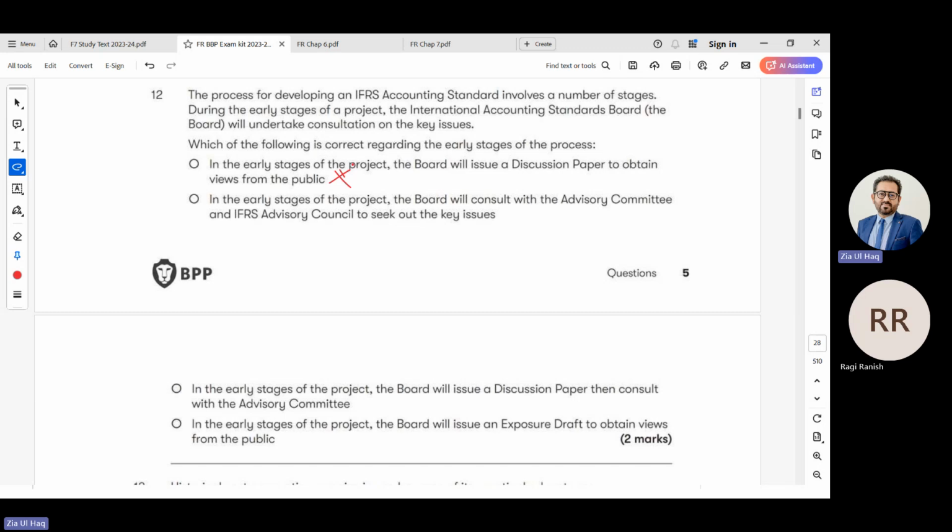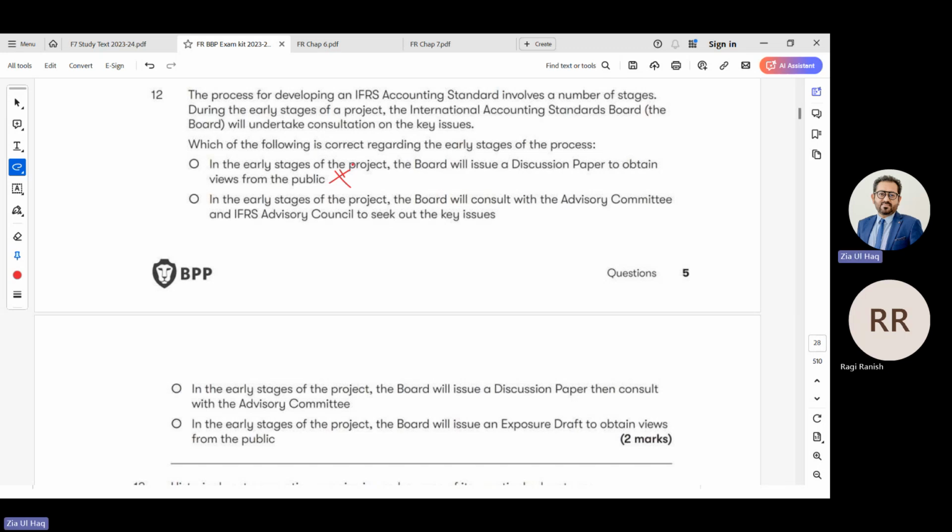In the early stage of the project, the board will consult with the advisory committee and IFRS advisory council to seek out the key issues. Yes, they need to discuss with each other. In the early stage of the project, the board will issue a discussion paper, then consult with the advisory committee.